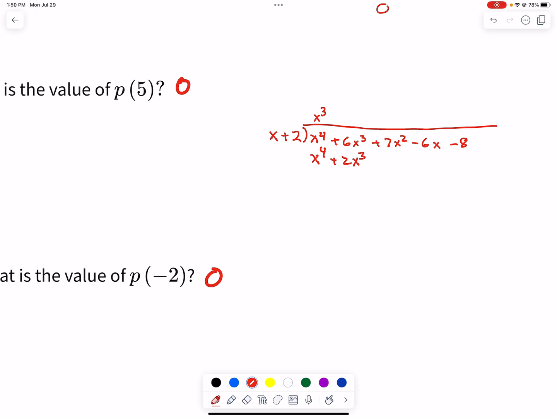Alright, x cubed times x plus 2, and then distribute the subtraction. 6 minus 2 is 4. Let's see, 2 times 4x squared is 8x squared. Distribute the subtraction. I sometimes write the minus 1 down, even though you don't need to write the 1. Just, you know, why not?